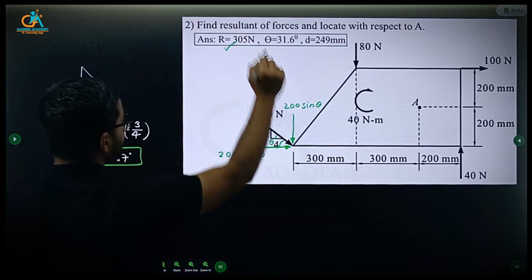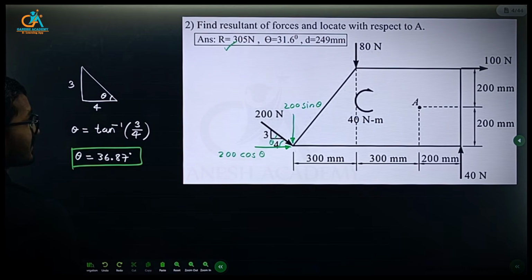Yes, this given answer is correct, which is mentioned in your question bank, 305.